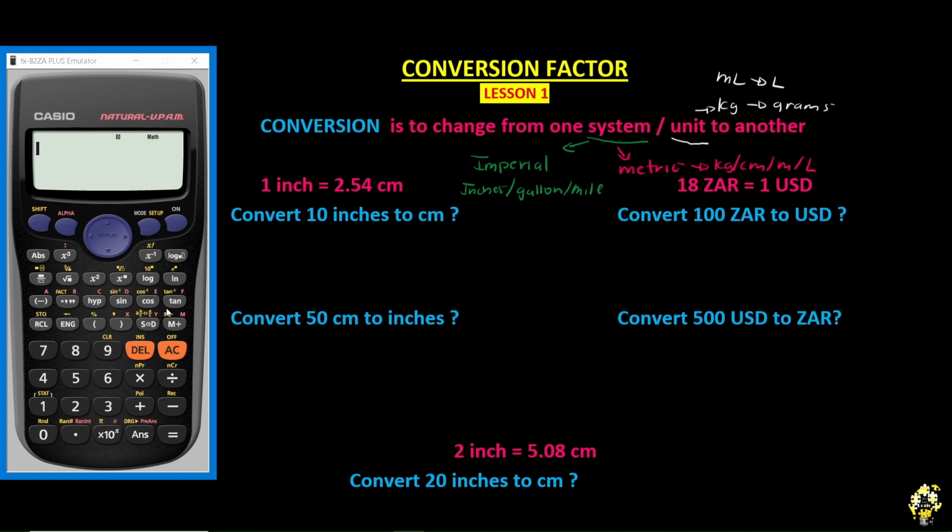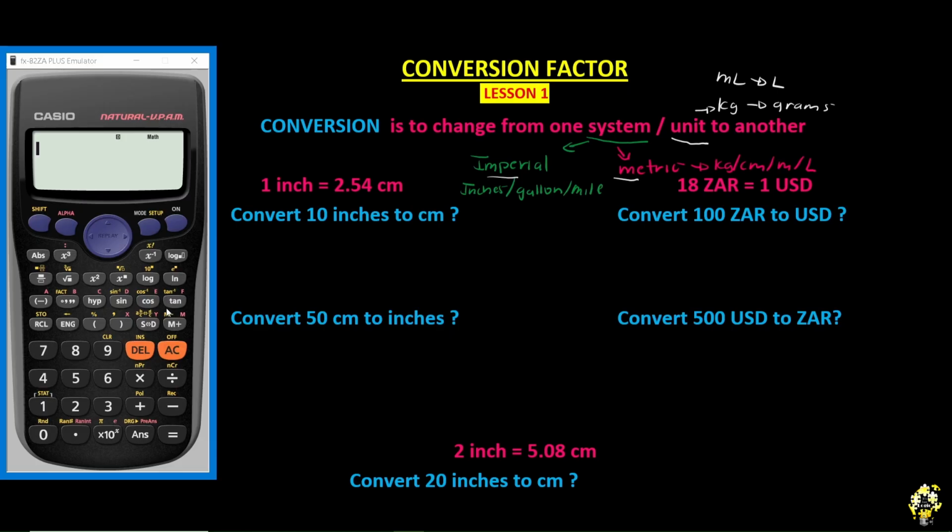But most importantly, we'll be focusing on changing from the imperial system to the metric system, or vice versa, from the metric system to the imperial system. It doesn't matter which system you are changing from or to, because what I will be teaching you are the basics. When you master the basics, you will be able to use any conversion factor because they all work the same.